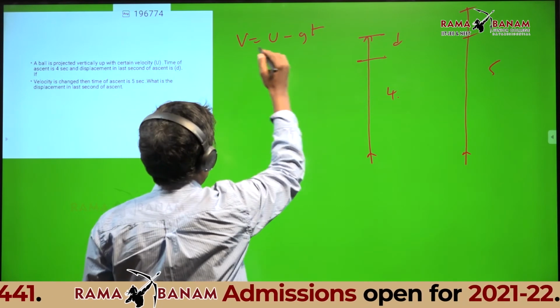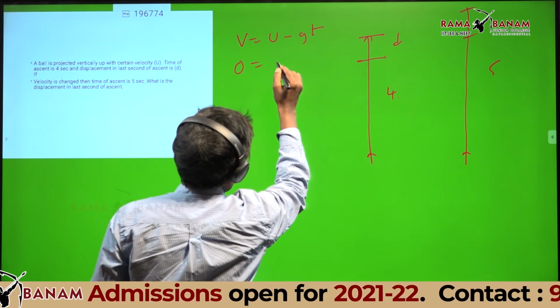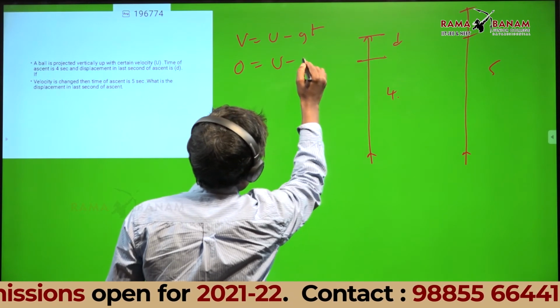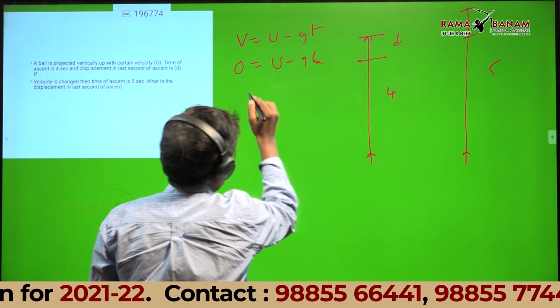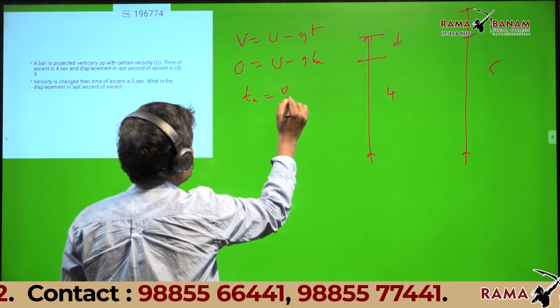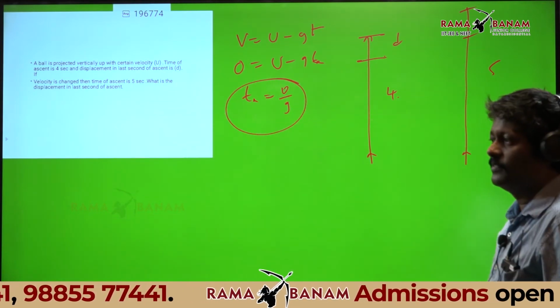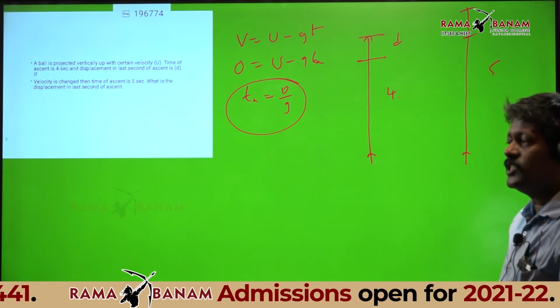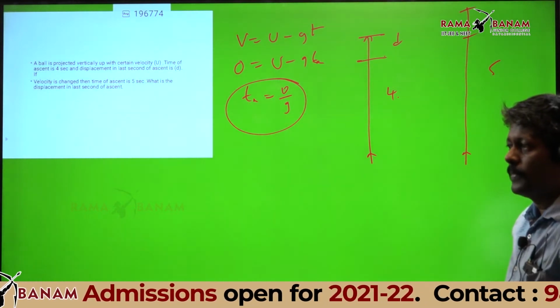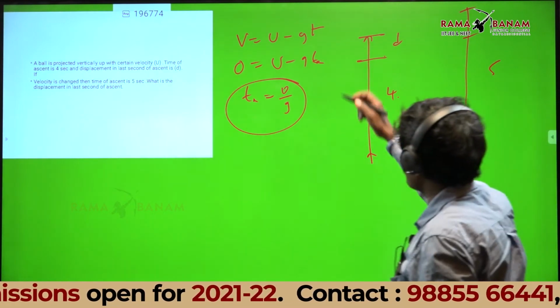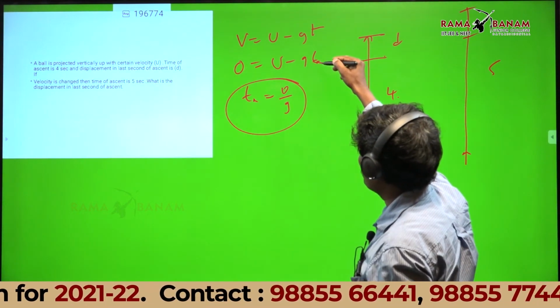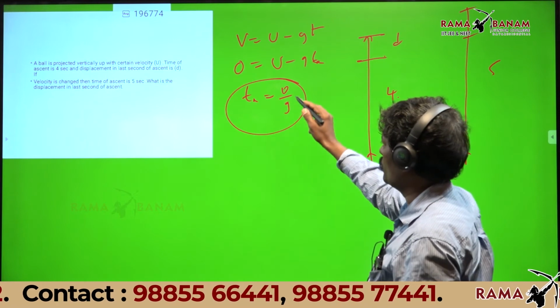At the highest point, the velocity is 0. Then in place of t, I will write TA, the time of ascent, which is u by g. I gave you this formula already.